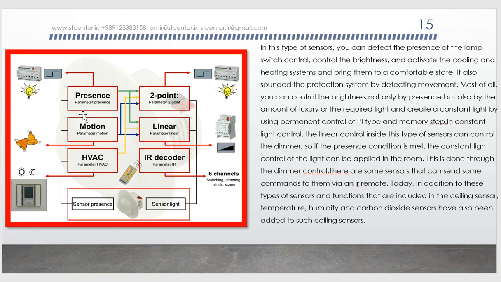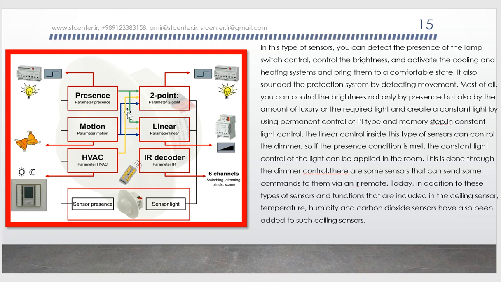Each block can be controlled individually. For example, we have the block for presence of people. Individually it can be controlled, with no dependence on anything. We can have a block for motion for security reasons. We can have a block to control the HVAC without taking care of the amount of light. Okay.